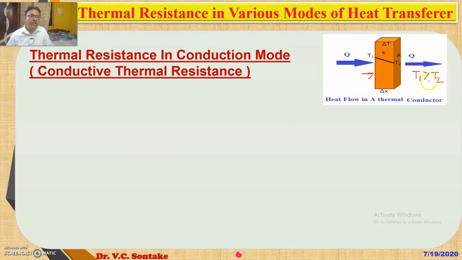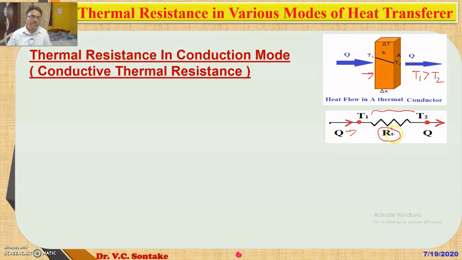For the sake of example, I am considering T1 is greater than T2, and this is its equivalent electrical circuit. So Q is the flow quantity, delta T is the temperature difference. So there must exist a resistance offered to the path of the heat flow from the concept of electrical analogy. And since it is conduction mode of heat transfer, it will be called a conductive thermal resistance.